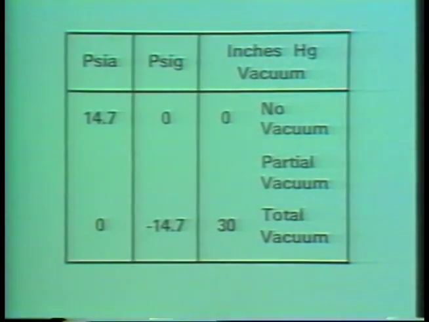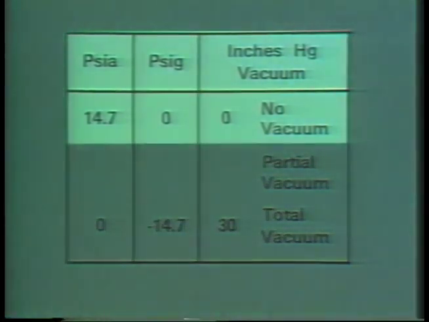Now we can also use psig to describe a vacuum. Since 14.7 psia is the same as 0 psig, then a vacuum is anything less than 0 psig. A total vacuum would be negative 14.7 psig. This chart shows the relationship between psia, psig, and vacuum.